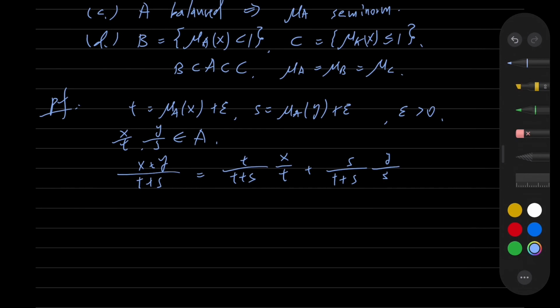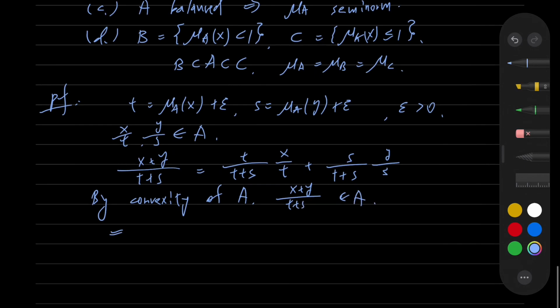This implies that, by the convexity of A, x plus y over t plus s is also in A.